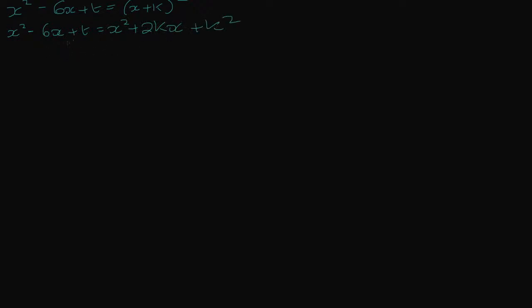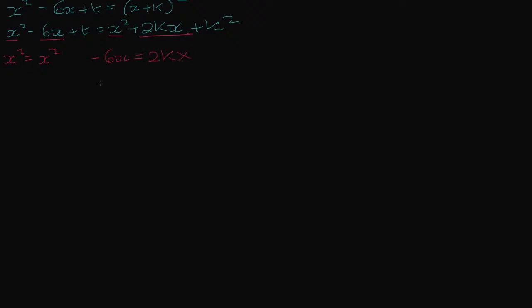Now we want to equate the coefficients. First x squared: x squared is equal to x squared. Then we have minus 6x and 2kx, so minus 6x is equal to 2kx.